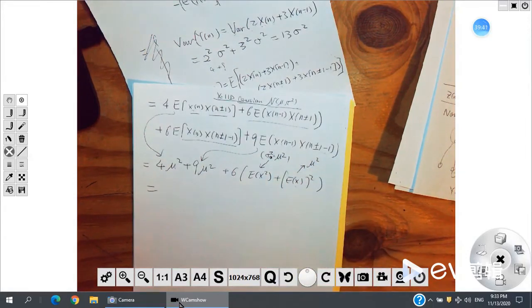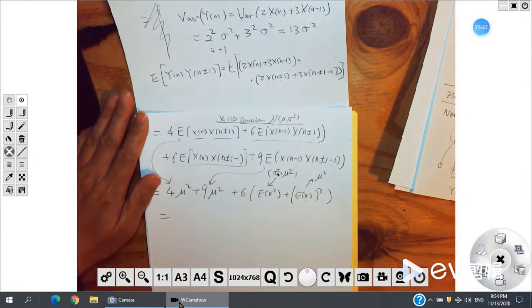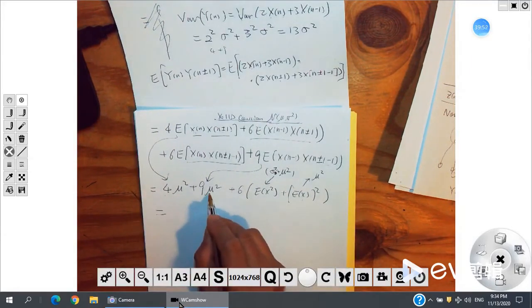So I can add all of them together. What is it? This is 4 mu squared, 9 mu squared.